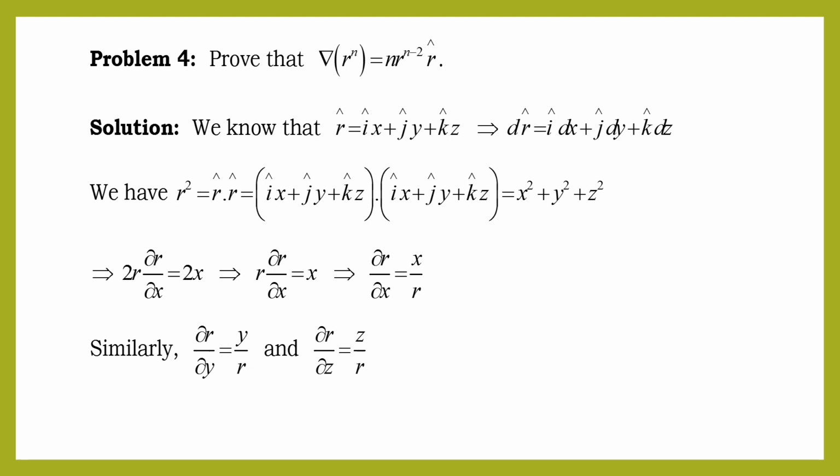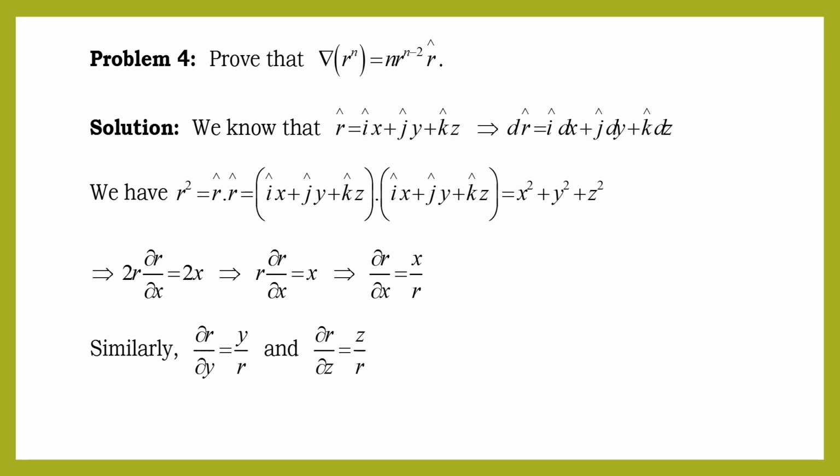if we want to find out r square, what we have to do? r square equals r cap dot r cap. That means i cap x plus j cap y plus k cap z is dotted with itself.